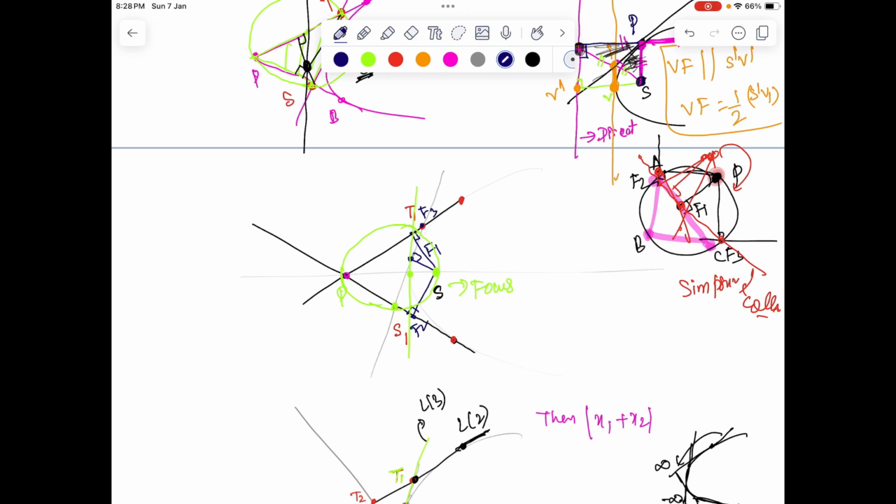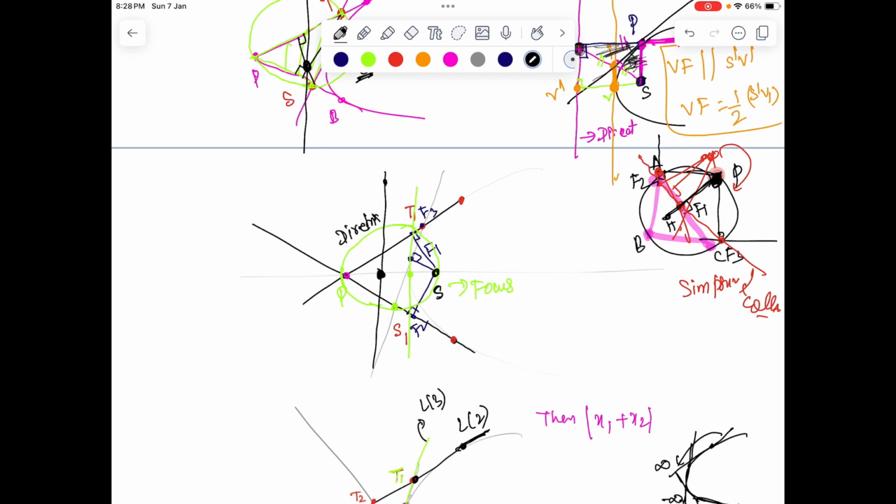The other corollary of the Simpson line also tells you that the orthocenter of the triangle formed will lie on the directrix. This also follows from one of the very basic theorems of the Simpson line: if you reflect the point, the line joining point P and the orthocenter of the triangle will be bisected by the Simpson line.